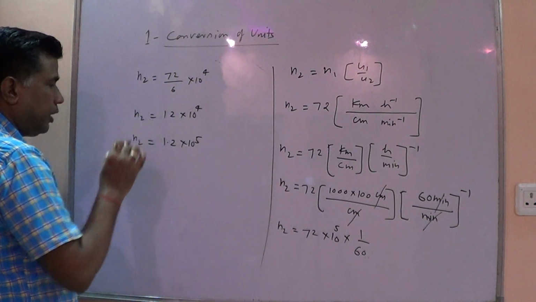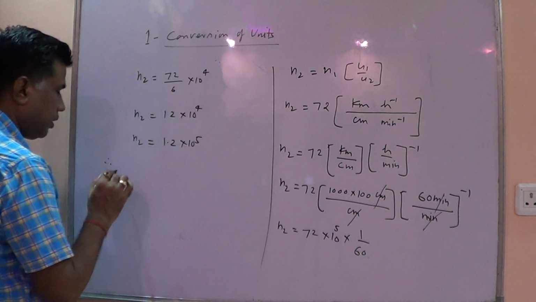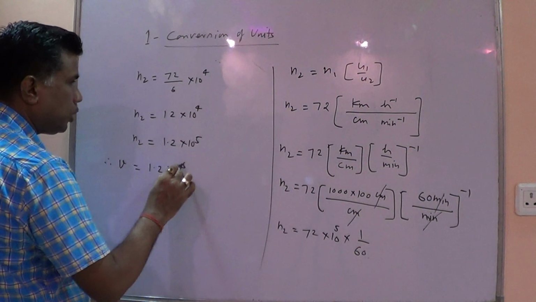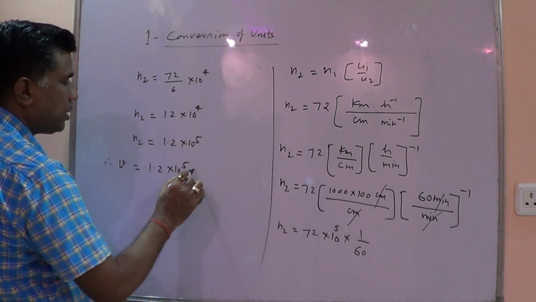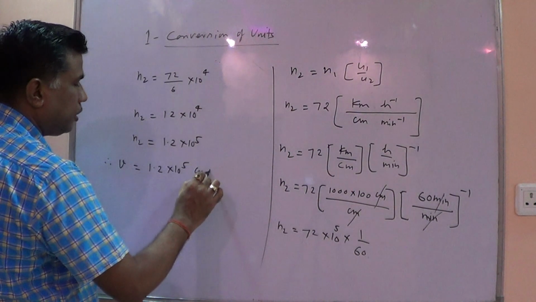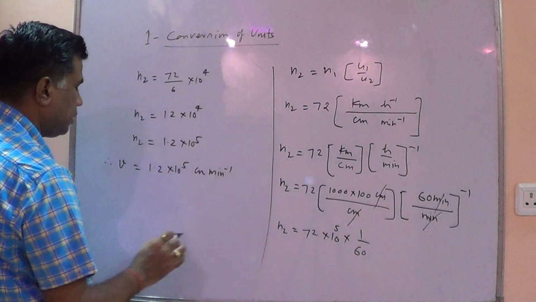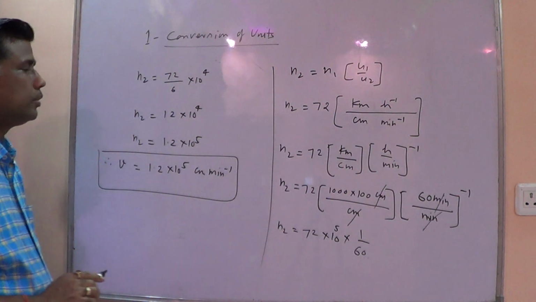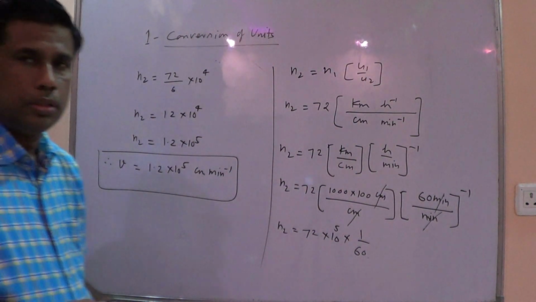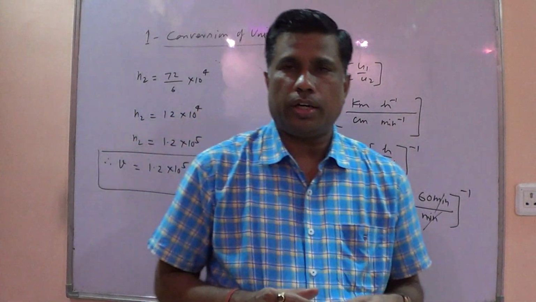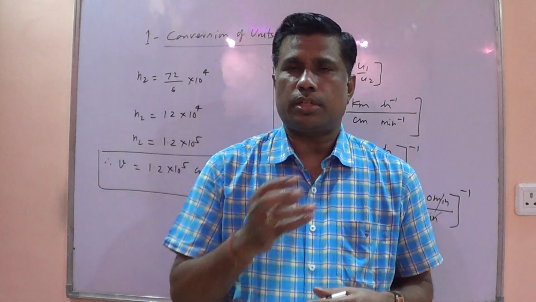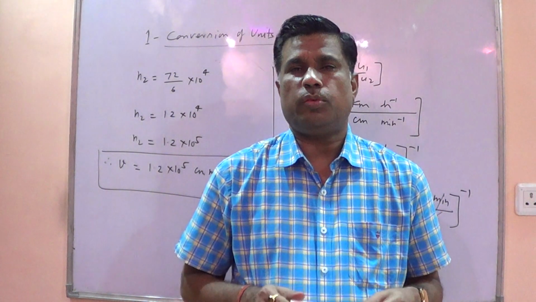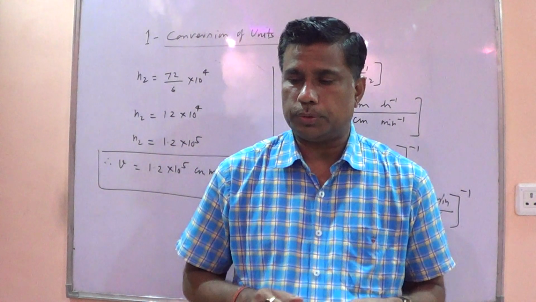And finally, our answer will be velocity is equal to 1.2 into 10 to the power 5, and its unit is centimeter per minute. So this is how we can convert the numerical value of a physical quantity from one system to another by using this formula N1 U1 equal to N2 U2.